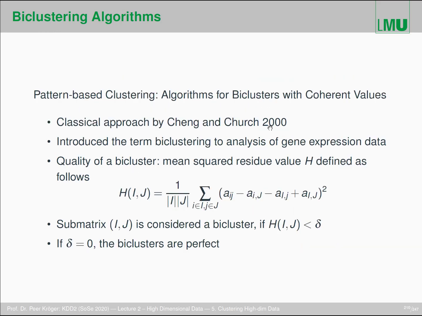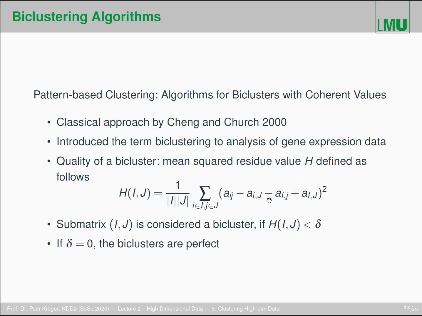For the pattern-based clustering algorithms, which is the bi-clusters for coherent values, the classical approach is by Cheng and Church in 2000. They also introduced the term bi-clustering for the analysis of gene expression data, and they defined the quality of a bi-cluster by the mean squared residue, which is this one here.